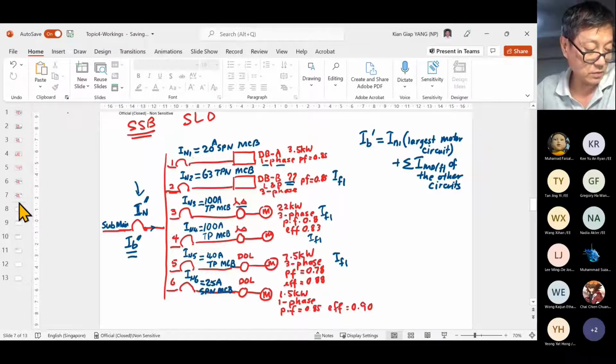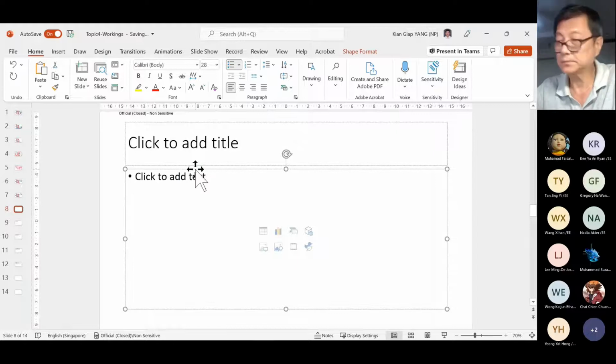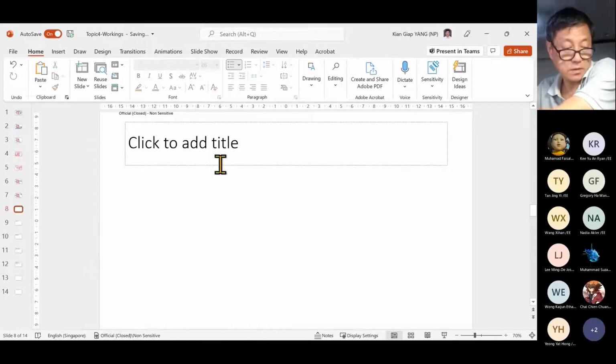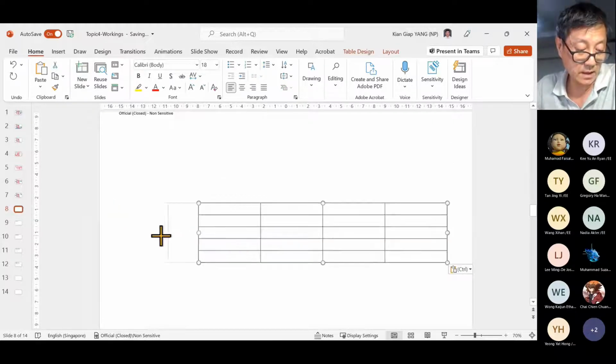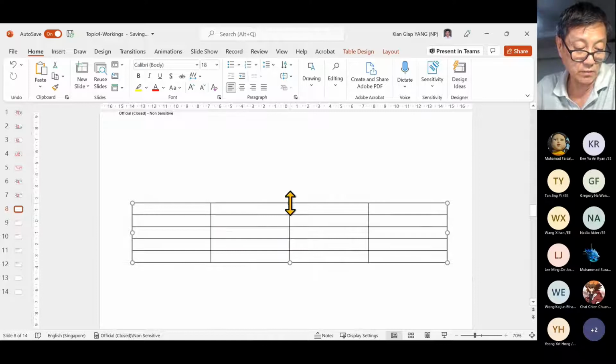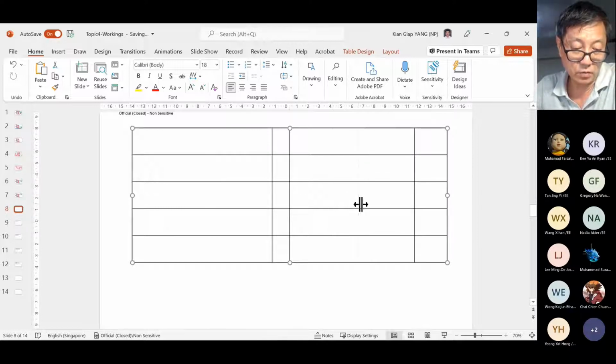I need to toggle in between, unfortunately. Right, I need to do a load balancing at this level. That means now I must draw a load balancing table so that I can decide how to calculate IB.